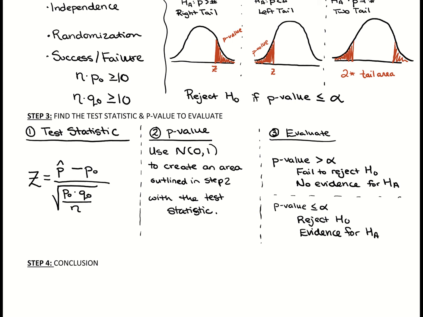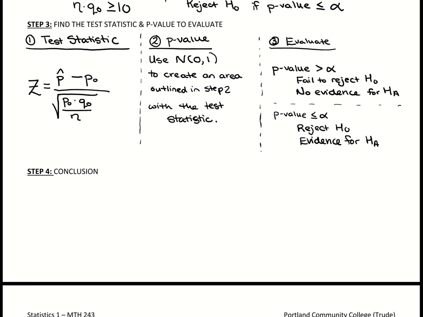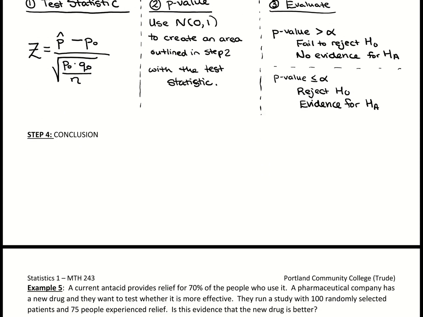Now, in terms of conclusions, there is a structure that you want to follow. There are many different ways to word them, but you can follow this rule. Say we came to the conclusion that we're going to fail to reject the null hypothesis.